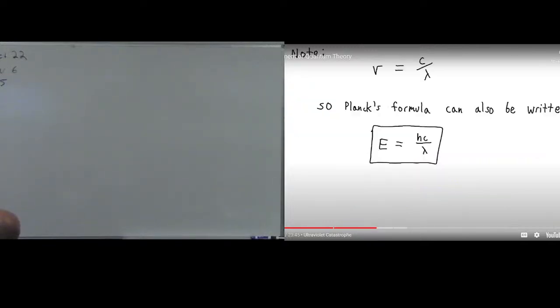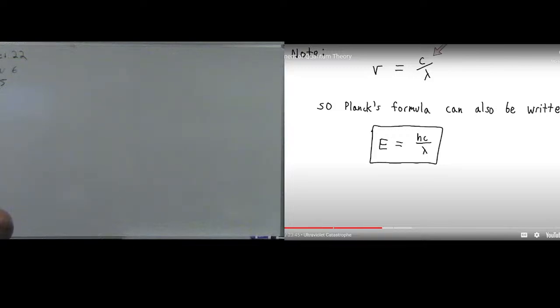Now note that there's another important relationship, that the frequency is equal to the speed of light divided by the wavelength. This v with kind of a tail in it, by the way, is the Greek letter nu, which we use to stand for frequency. And this is the Greek letter lambda, which we use for wavelength.